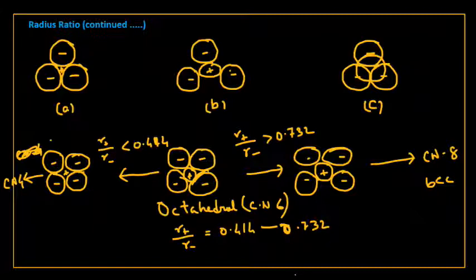In between, radius ratio is in between 0.414 to 0.732.